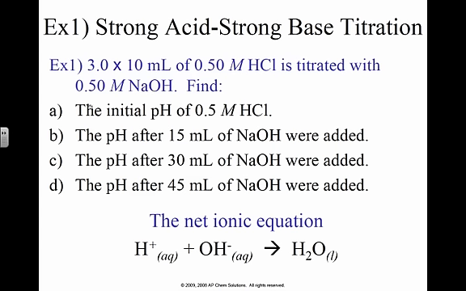You need to find the pH initially of 0.5 molar hydrochloric acid, the pH after 15 mL of sodium hydroxide is added, the pH after 30 mL of sodium hydroxide is added, and the pH after 45 mL. Now 30 mL of 0.5 molar sodium hydroxide, when added to 30 mL of 0.5 molar hydrochloric acid, is going to be the equivalence point.